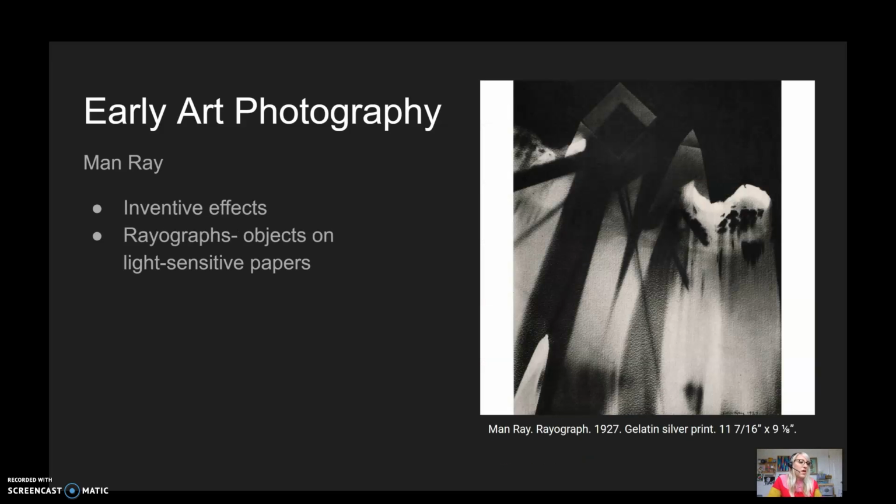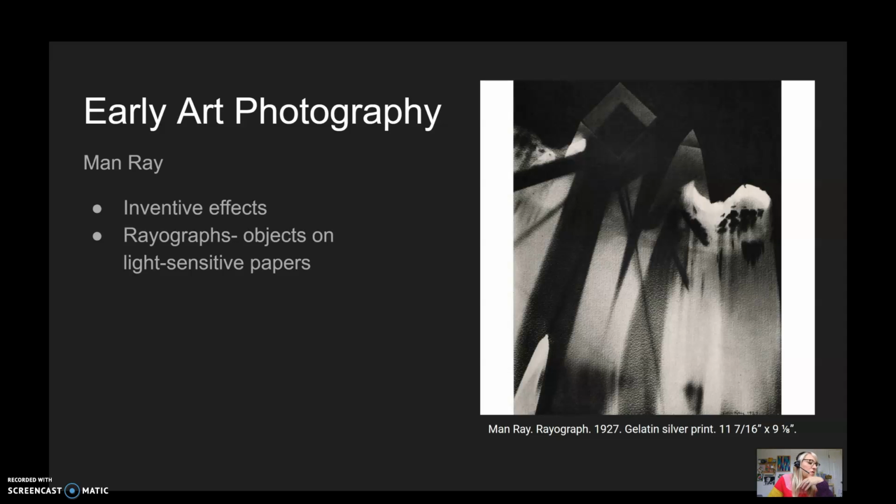And the last one that I want to point out for these early photographers is an artist, a photographer named Man Ray, and I wanted to talk about this image that you see here. So Man Ray called his photographs rayographs.